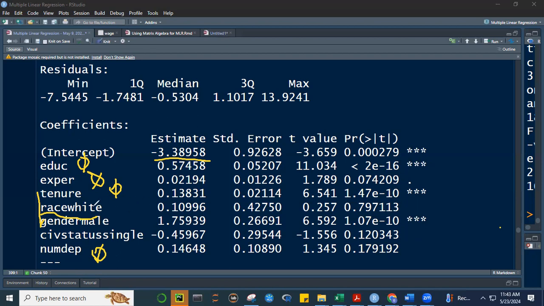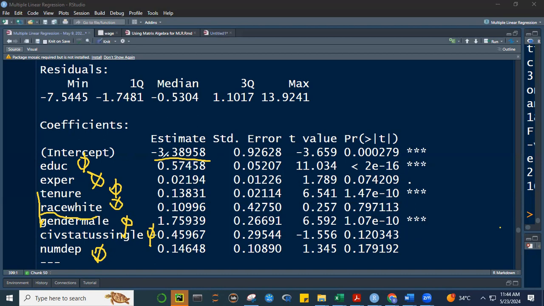So we said the intercept is the average value of the hourly wage of a respondent who has zero in all of this: zero education, zero experience, zero tenure. What is zero for race? Non-white, sorry. Non-white, who is female, and who is married. Because married here is zero, female here is zero, non-white is zero. So let me repeat that.